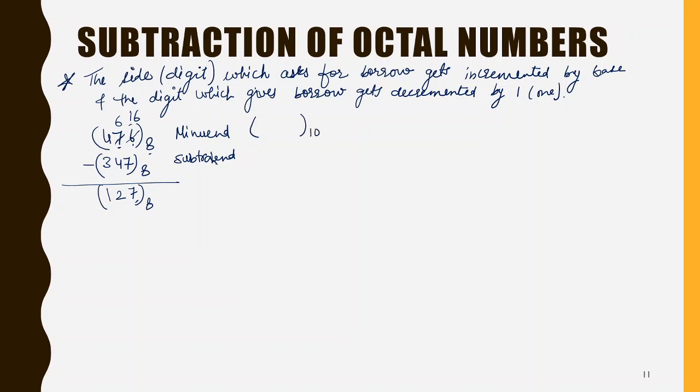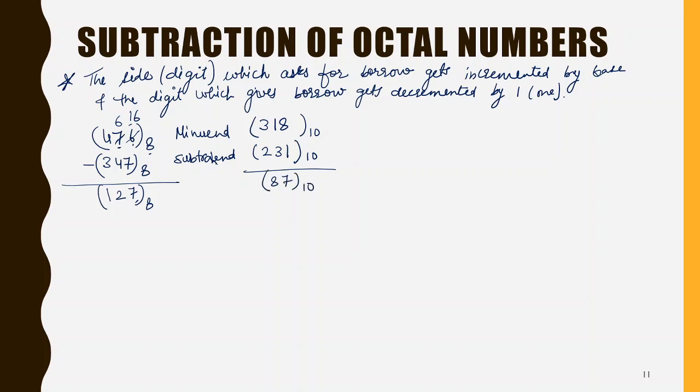If you want to check the answer, you first convert the numbers into decimal. The minuend is 318 in decimal, and the subtrahend is 231 in decimal. If I subtract them, it gives me 87 in decimal.